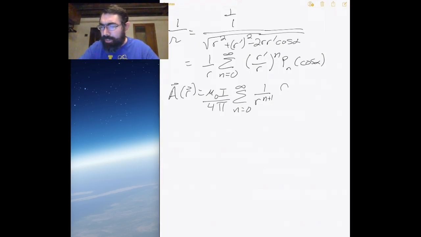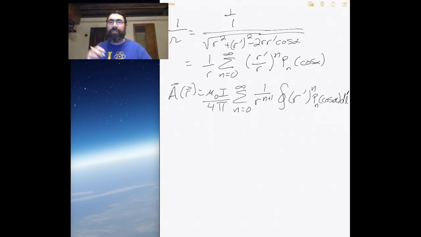And then we integrate over everything that is primed. And so we would integrate over r prime to the n power, the Legendre polynomial, cosine alpha, and then we integrate dl prime right there.